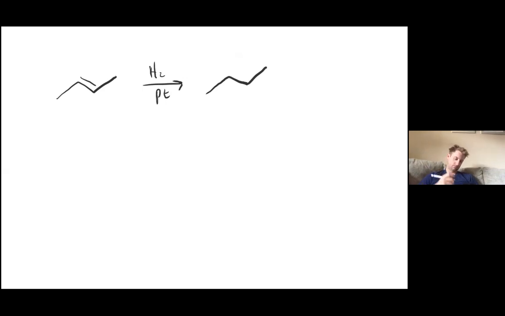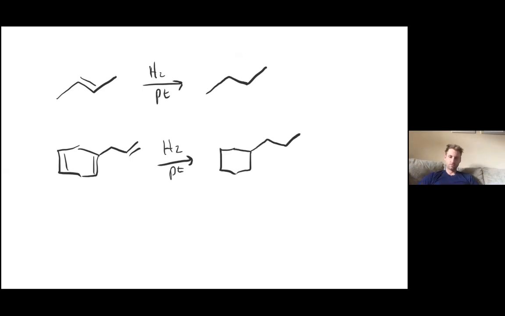And as we talked about, if we have a bunch of these, because H2 is a gas, you really can't control it. It's going to reduce everything down to just single bonds here. When we deal with triple bonds, it's going to do the same thing.